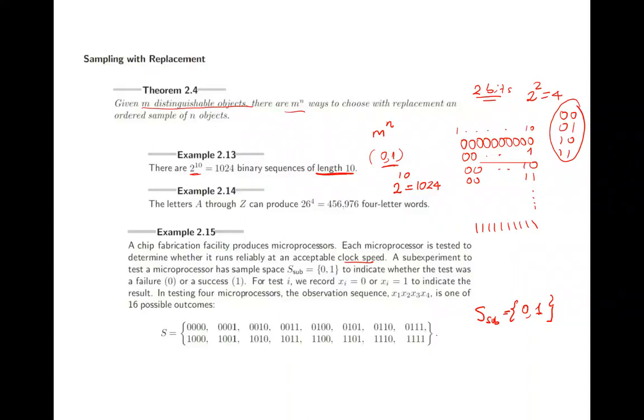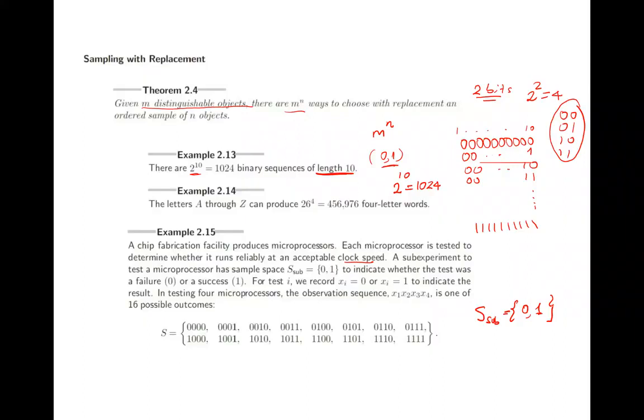So I just take a microprocessor and test whether it has acceptable clock speed or not. If it is not, then we simply say 0. And if it is successful, we simply say 1.